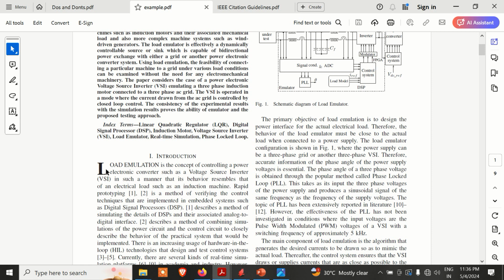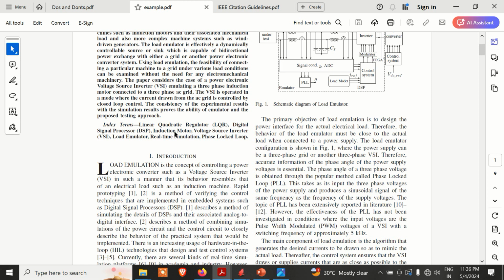So there are some differences. Even the beginning of a transaction is different: you can see the first word, Load Emulation, is all capital letters, with a bigger L. The font is bigger in size.